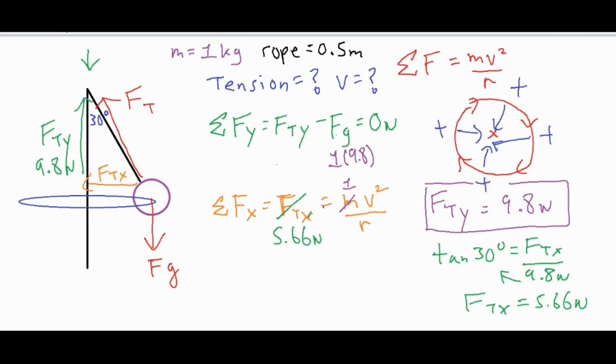Now, the second triangle we're going to set up is actually one of different distances or lengths. So we have a rope length of 0.5 meters. Now, the reason why that's significant is because we want a distance from this triangle, and that distance is the radius. So let's go ahead and draw another triangle off to the side.